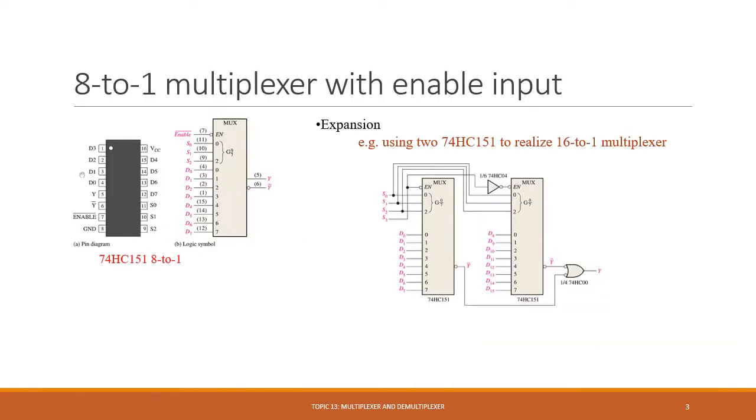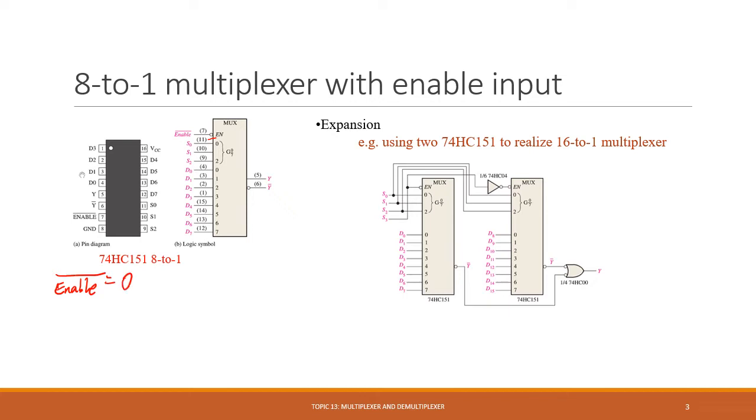This is an example of an 8 to 1 mux with an enable input. If you remember what an enable input is for a decoder, it's the same thing here. Enable is just the input to turn on and off the function of this modular circuit. Just like usual, in most cases the enable is active low. So basically, if the enable bar equals 0, the mux will work.